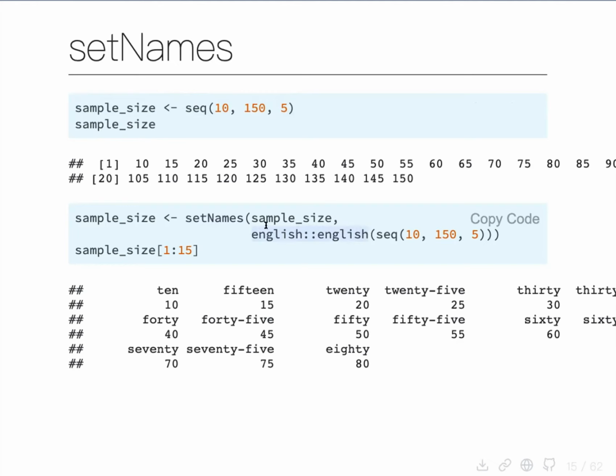So I'm saying English on that sequence. If I look at the first 15 values, you can see it's 10, 15. So this top part is the names, and the bottom part is the value. The only reason I'm doing this is to make it really clear that the names are different from the actual values. But what I want is the sample size in that column, not just some generic iteration.